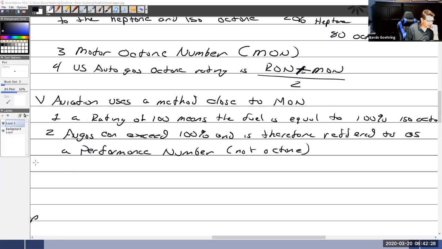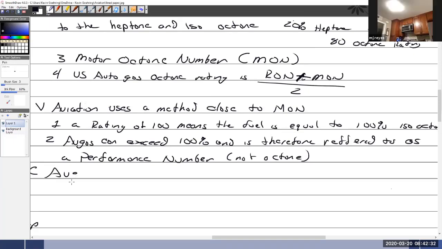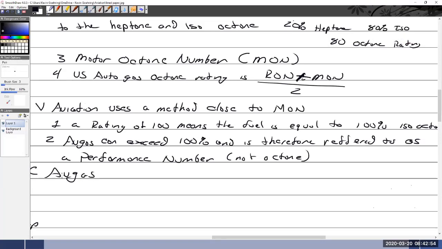Okay, let's talk about avgas. You guys are kind of lucky because back when I was a mechanic examiner, and maybe they still do it, one of the projects I had was 3 baby food jars, or just jars, and I had one that had red in it, one that had blue, and one that was a clear liquid.